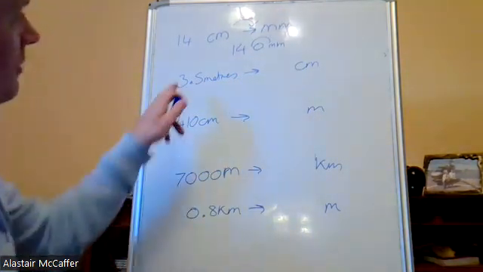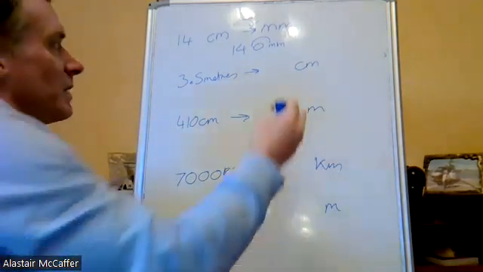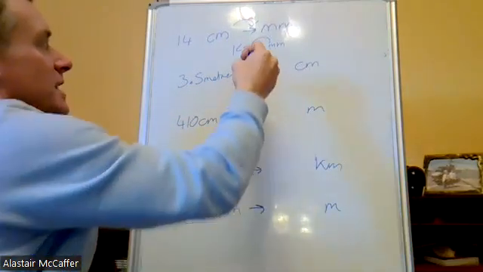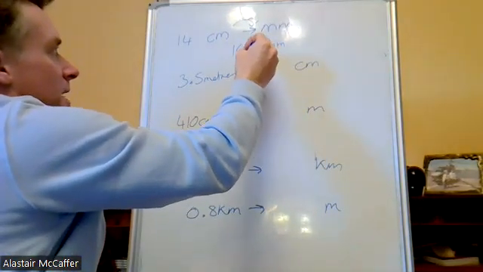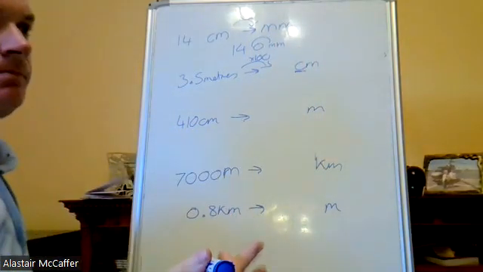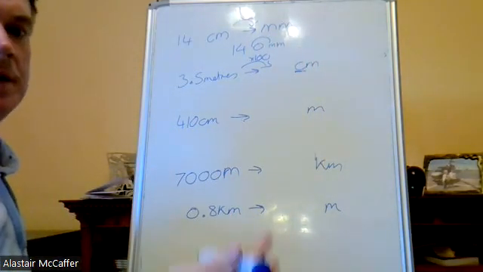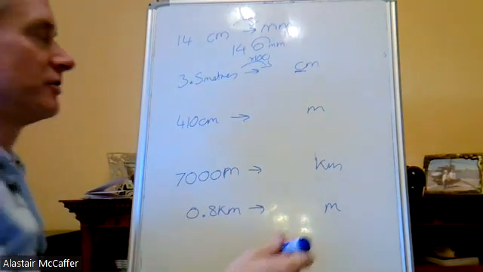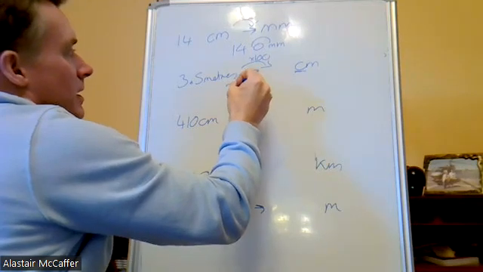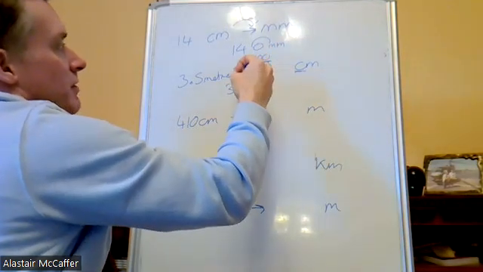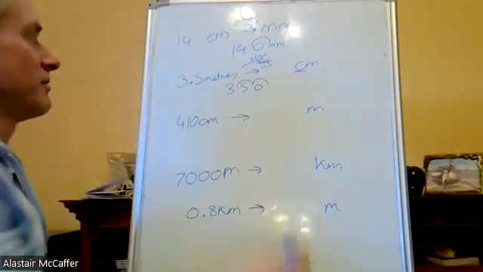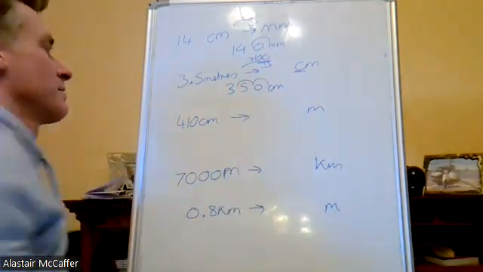Next one, 3.5 metres to centimetres, and again, because centimetres is smaller than a metre, you would times, because you can fit more of them in, and cent, like century, there's 100 years in a century, so therefore it's 100. Okay, so what it would be is 3.5 times by 100, so you move the decimal point 2 places, so that would be 350 centimetres.